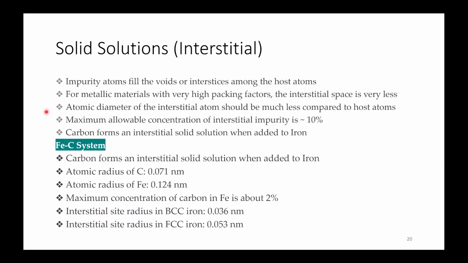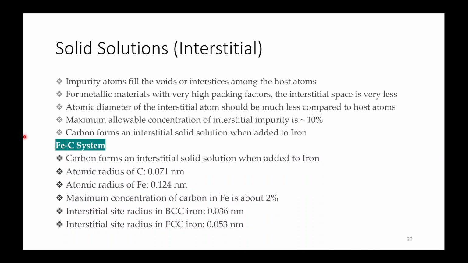The maximum allowable concentration for interstitial impurity is 10%, because as you keep adding interstitial atoms, more stress and strain will build up. There will be lattice strain in your lattice, so it won't form an isomorphous type of system in the case of interstitial solid solutions.